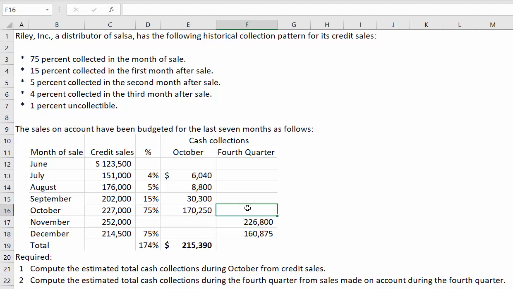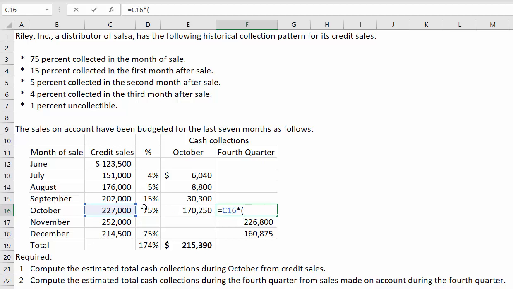Okay, now let's take a look at October, and I'm going to use a little bit of a different approach here. I'm going to say, well, how much of October is going to be collected in the fourth quarter? So I'm going to take the 227 and I'm going to multiply it by the total of the percentages that we know are going to collect.